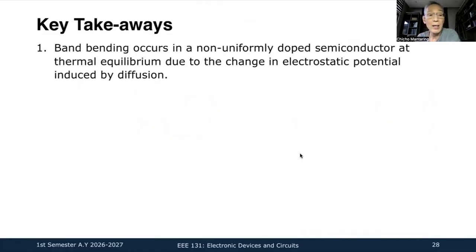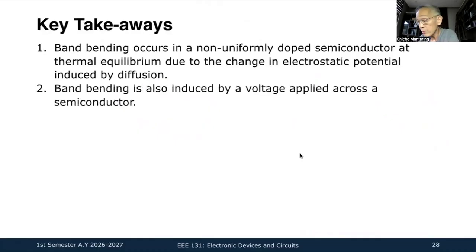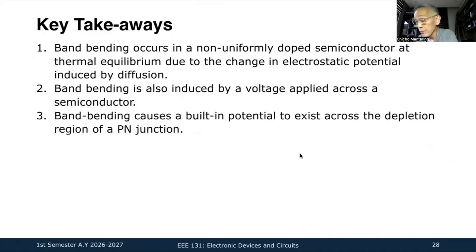So here are the key takeaways. In a non-uniformly doped semiconductor at thermal equilibrium, you have band bending. That is because there is an electrostatic potential that is induced across your semiconductor by diffusion. You can also have band bending induced by a voltage across a semiconductor. So band bending causes a built-in potential to exist across the depletion region of a PN junction.